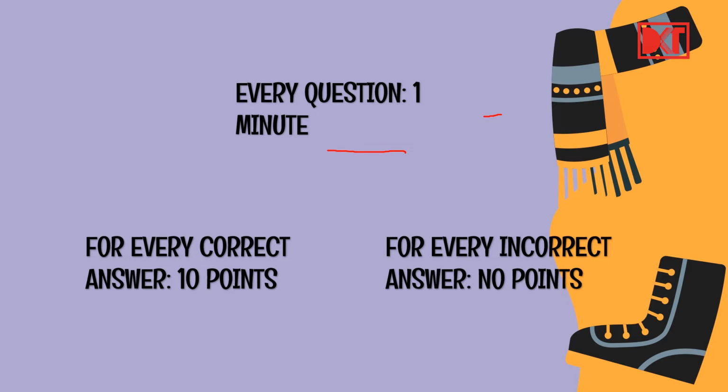Because your question paper of IEO has about 50 questions, and so you can imagine that you get more or less a minute to answer the questions. Now this 1 minute is the maximum that you should be taking for answering the question.